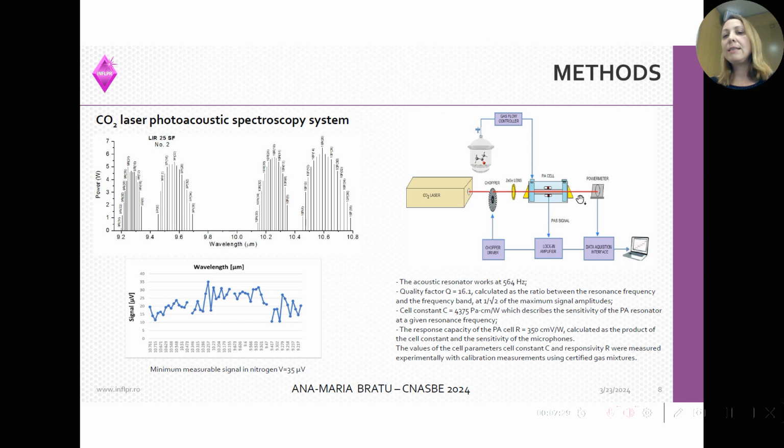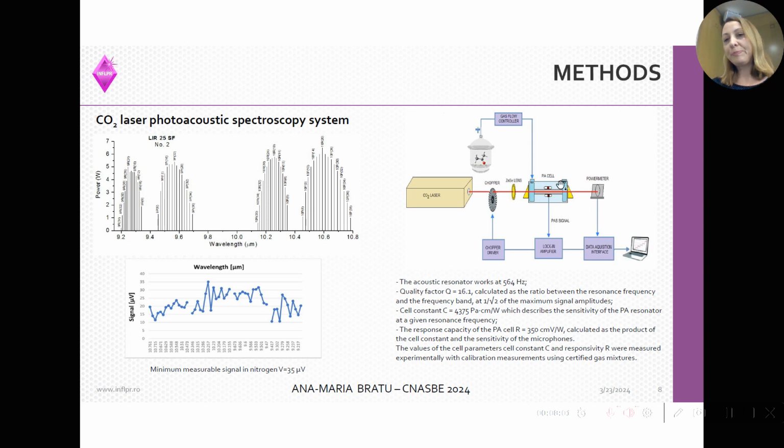The non-radiative deactivation of the molecules produces an increase of temperature inside the resonator and a variation of pressure, which is an acoustic wave in the resonator. By tuning the laser at different laser lines, we have different photoacoustic signals.